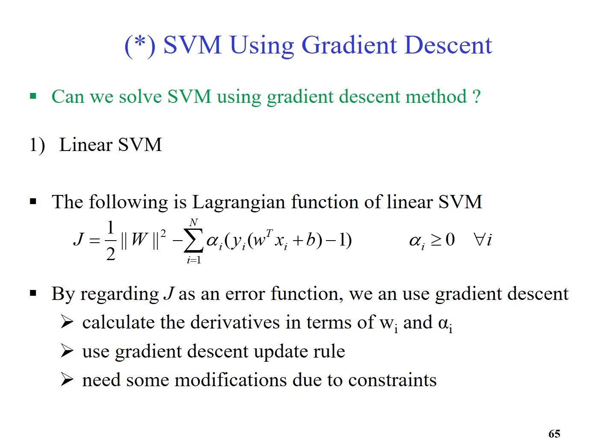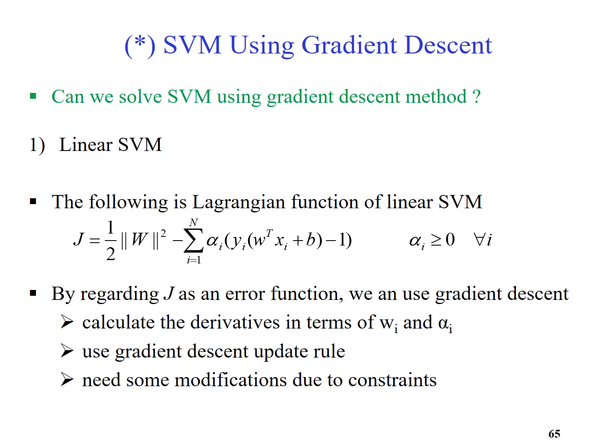When we learned the neural net, we learned the gradient descent method, right? So the question is, can we solve this SVM using a gradient descent method? Right now, we solve SVM using the constrained optimization method, and in the nonlinear case, we add a kernel method as well.